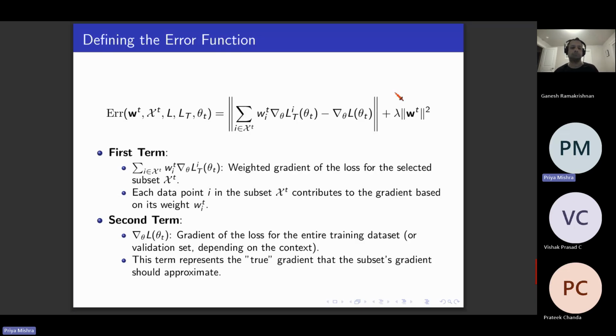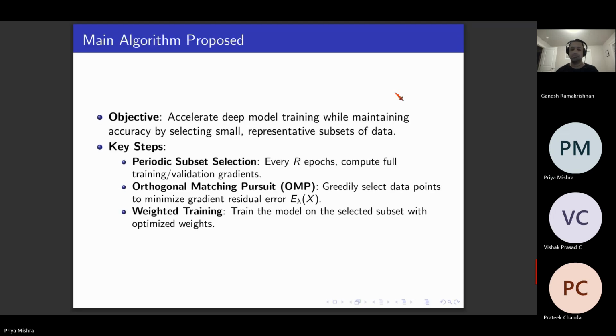So the objective is to minimize this error function so that the weighted gradient of the loss function of the subset is closely approximated to the gradient of the loss function using the complete data set. Also, they introduced a regularization term just to ensure we do not overfit the training.